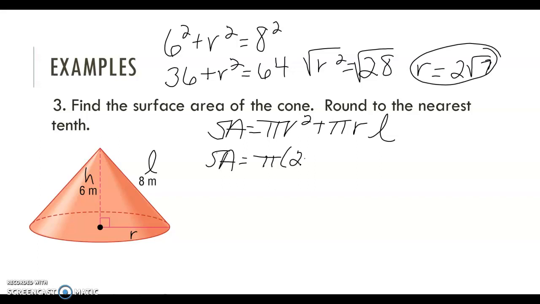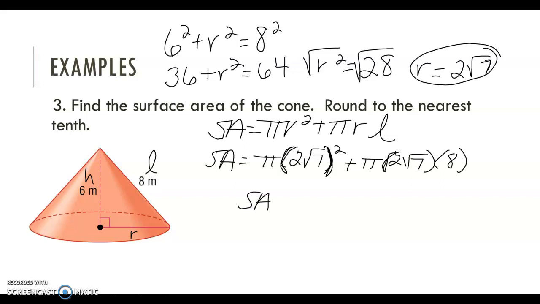So pi times 2 square root of 7, squared. Just be careful when you're typing that into your calculator. Make sure you are putting the parentheses around that whole number there. And then plus pi times 2 square root of 7 times the slant height of 8.